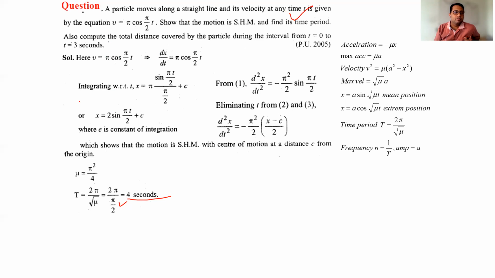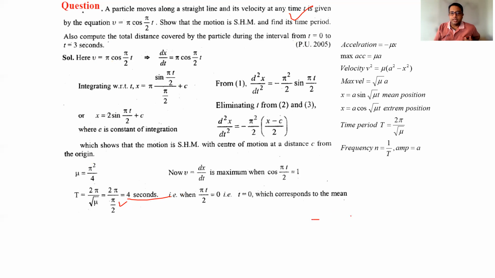Find its time period. Now we have to compute the distance covered by the particle from t equal to 0 to t equal to 3. Because the time period is 4 seconds, let us understand the motion. The particle is here. The time period means covering these 4 equal distances, so these 4 equal distances are covered in 4 seconds.